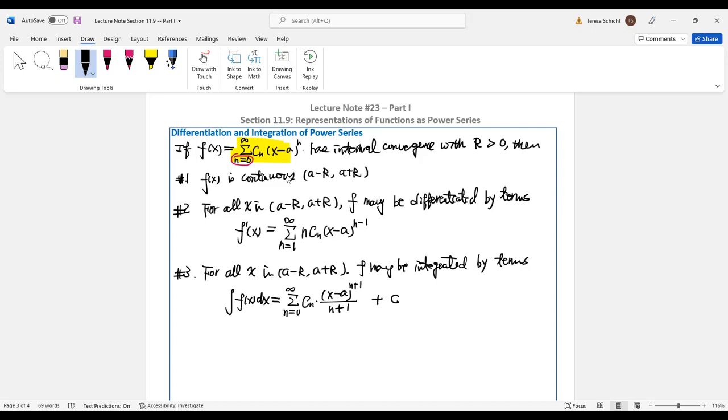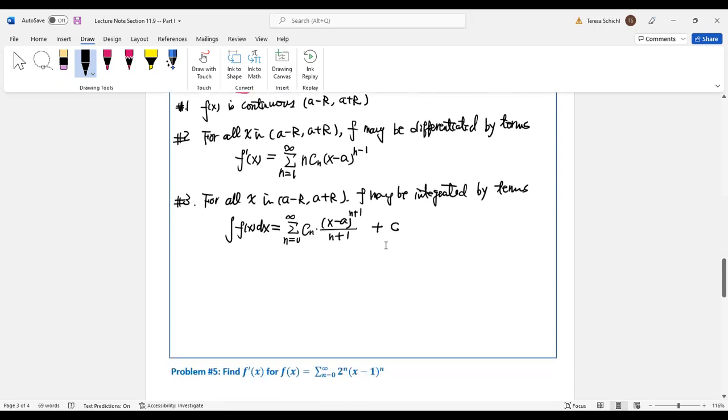So that's what we say here: you can integrate the power series, and you can take the derivative of the power series.